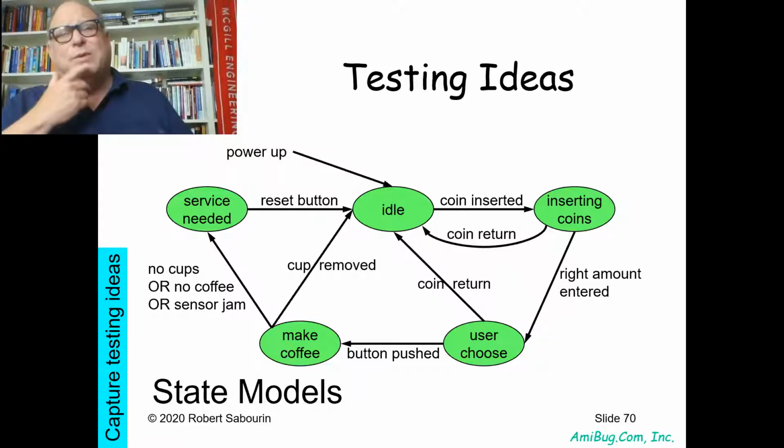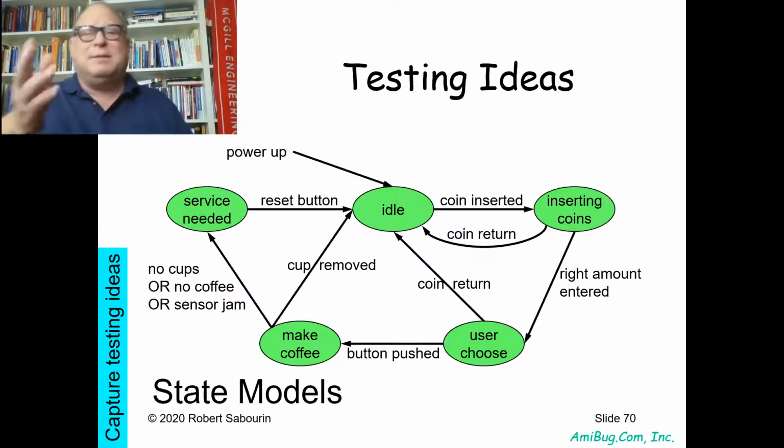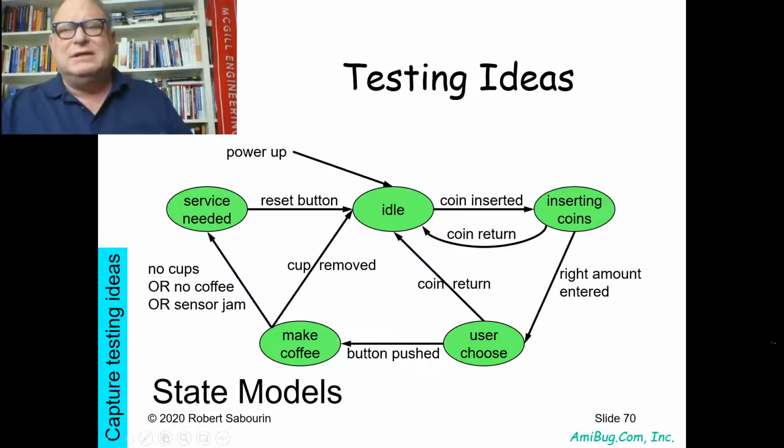And then there are the pathways through the system. So what is a reasonable subset of the pathways? Sometimes you can enumerate all of the pathways. In this system, the paths that might be interesting are idle, insert, coin return, idle. Then there's a path where you have idle, insert coins, user choice, idle. Another path, idle, insert, user choice, make, idle.